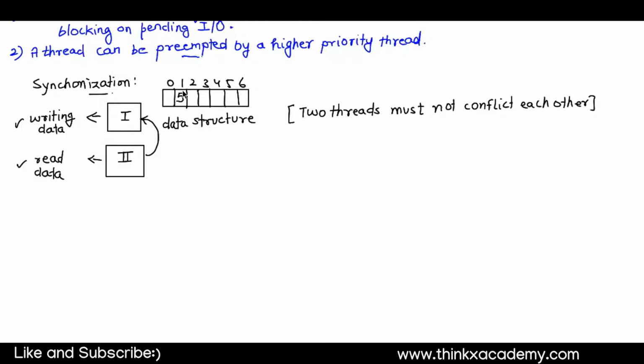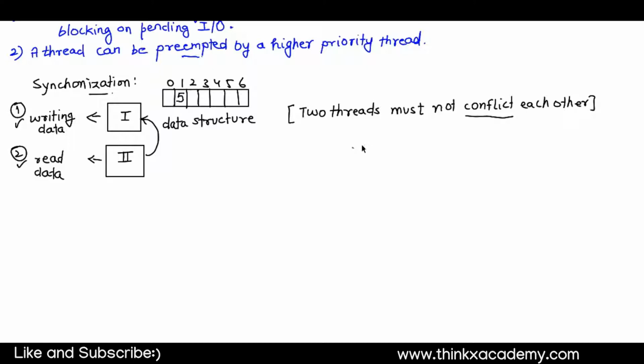Let's suppose we are writing 5 to this data, and before writing it, at the same time you're reading the data. Actually there is no data to read before writing. So writing should take place first and reading should take place second. They cannot happen at the same time. So this is the exact meaning of the conflict between two threads.